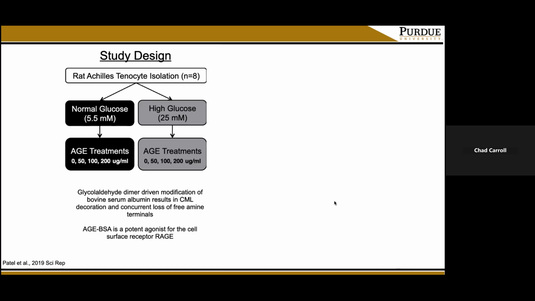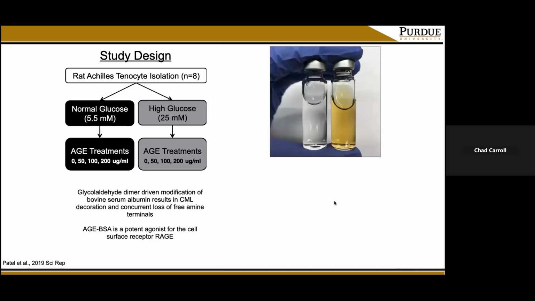Then he went to the literature and estimated what serum AGE levels would be in the patients and came up with a dose regimen for this study. And then he ended up making his own AGEs. You can do this in the lab by basically baking albumin with a reaction that drives the process.